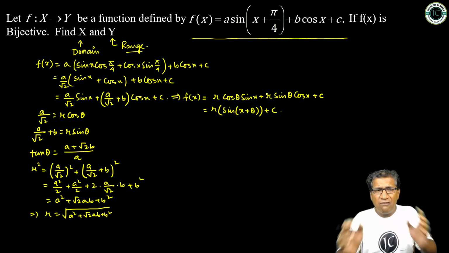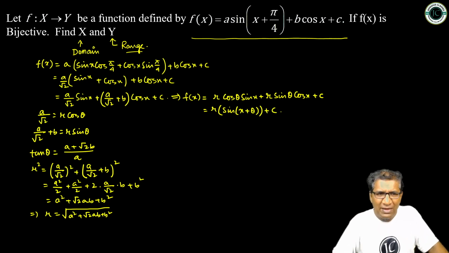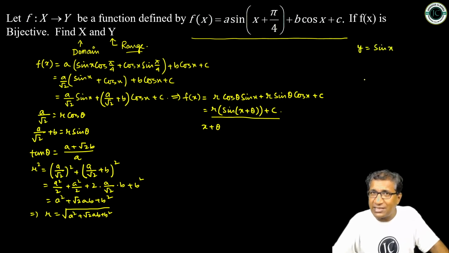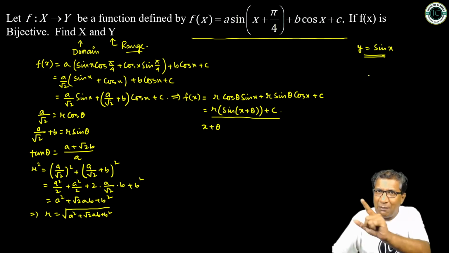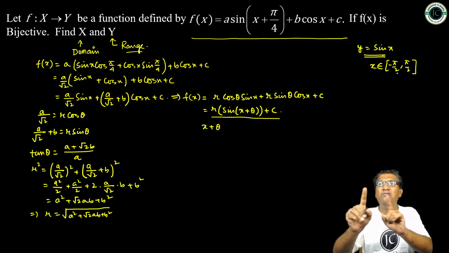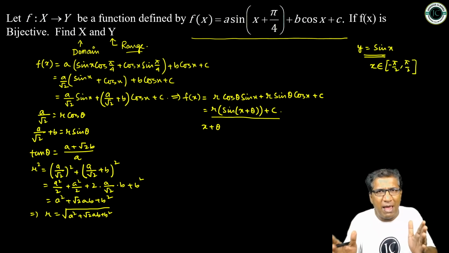Okay, अगर ये फंक्शन बाइजेक्टिव है, then देखो बच्चों, y is equals to sin x था, तो अगर ये बाइजेक्टिव फंक्शन है, मतलब इसका इनवर्स अगर एग्जिस्ट करेगा, मतलब हम लोग क्या लेते थे कि x lies between minus pi by 2 to pi by 2, then only the inverse will exist or the function will be a bijective one.